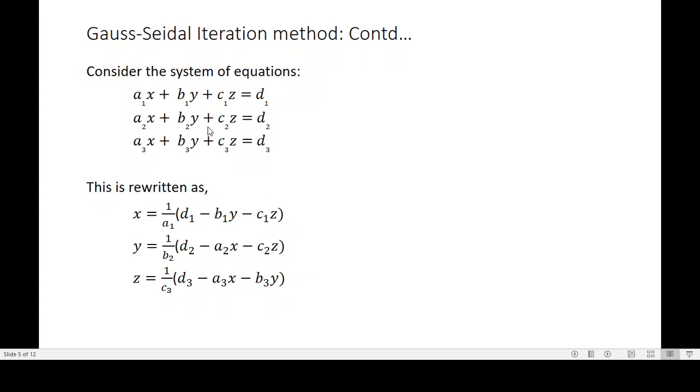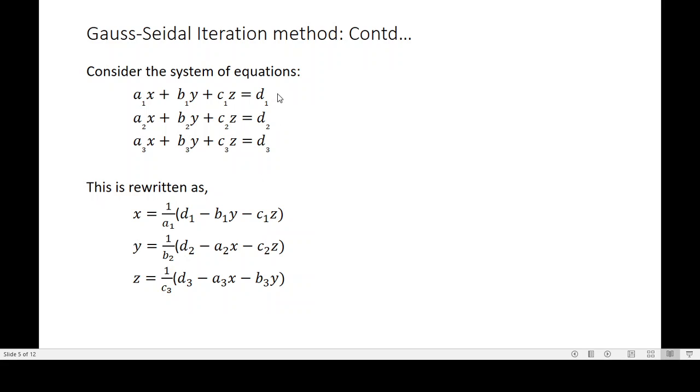Now from the second equation, b2y is equal to d2 minus a2x minus c2z, or y is equal to 1 divided by b2 multiplied by d2 minus a2x minus c2z. And from the third equation, c3z is equal to d3 minus a3x minus b3y, or z is equal to 1 divided by c3 into d3 minus a3 into x minus b3 into y.